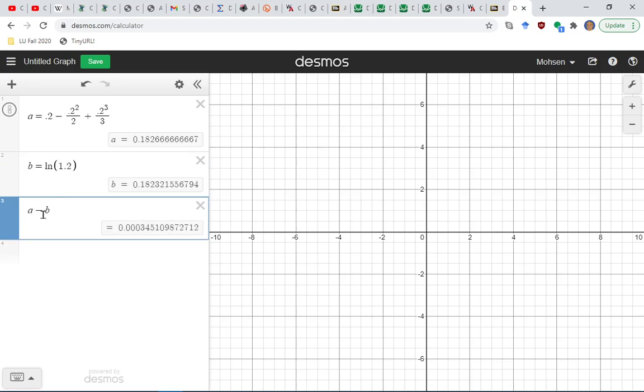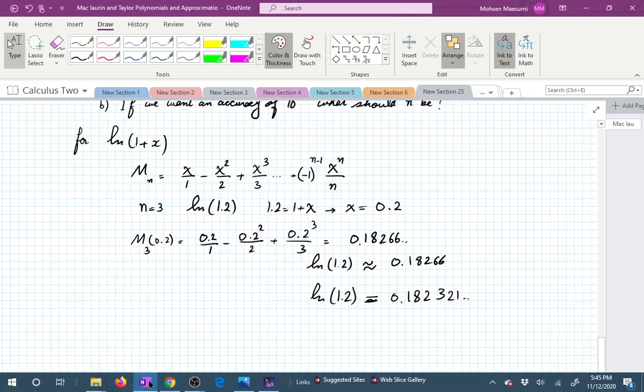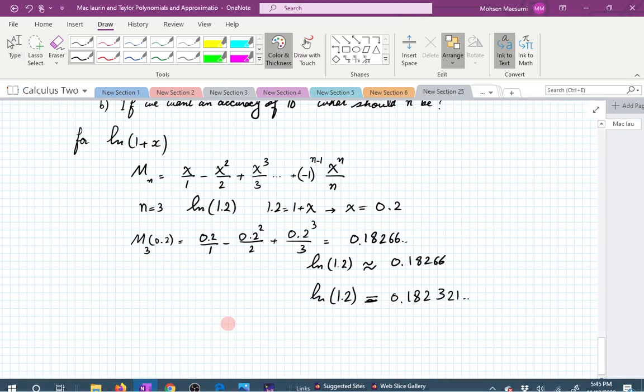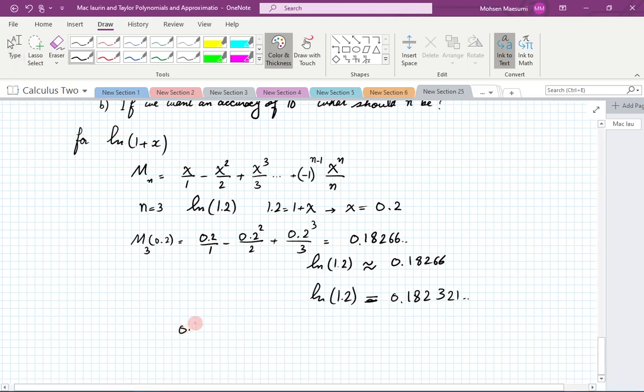You can write A minus B or B minus A. So 0.00345. So we have the quantity 0.18266.